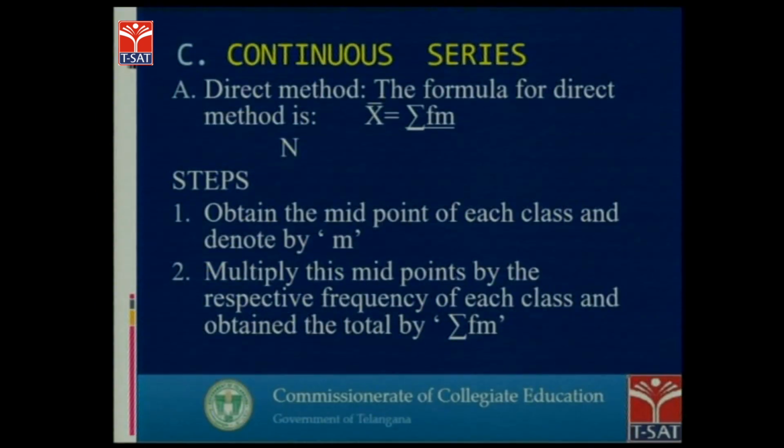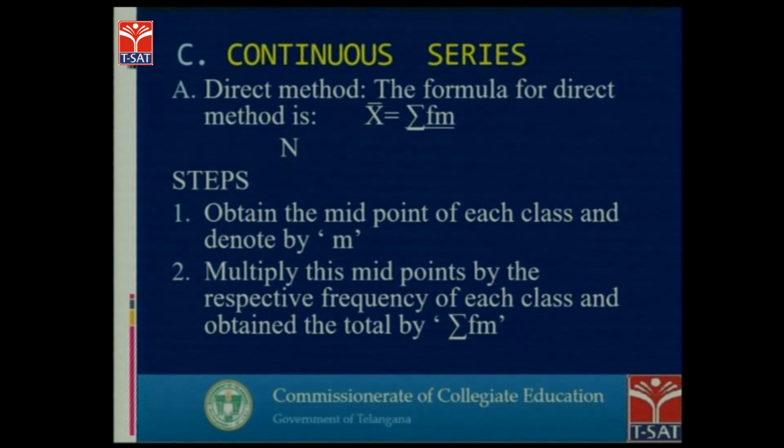The steps for calculating mean in continuous series are, first we have to obtain the midpoints, and then we have to multiply the midpoints with the respective frequencies. Then we have to obtain sigma fm. After that we have to divide sigma fm by n.